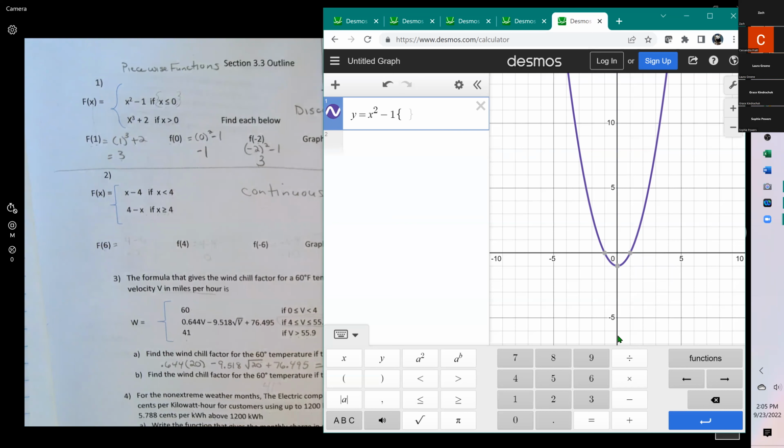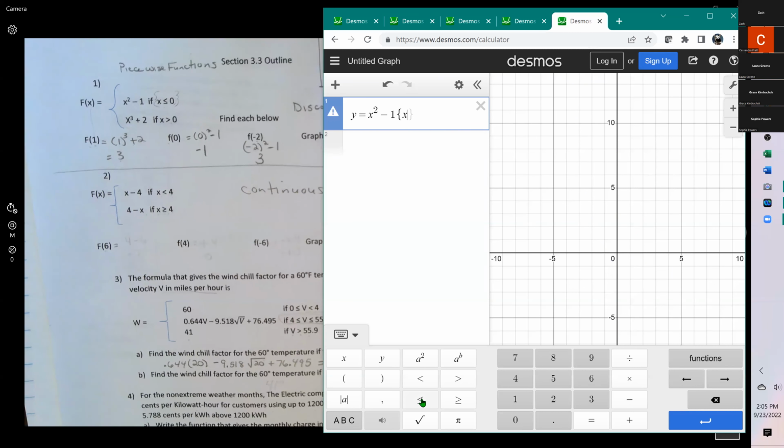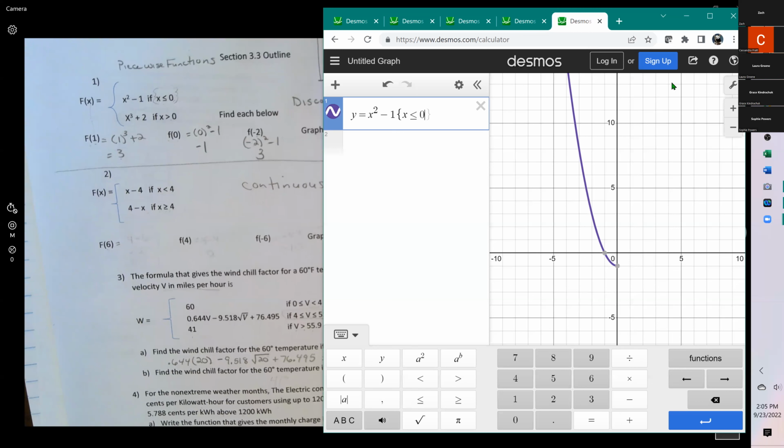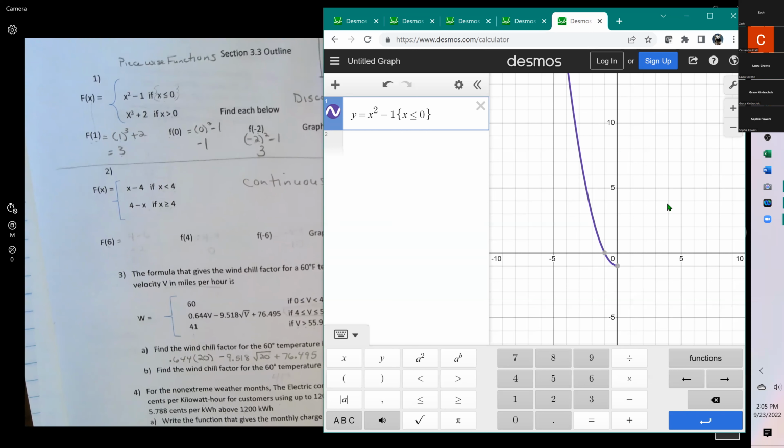And then you put x less than or equal to 0. X less than or equal to is on my keypad, 0. Notice it took the right side out. So it takes the right side out. Then I just hit the right arrow and a space to get the script to come on that one.